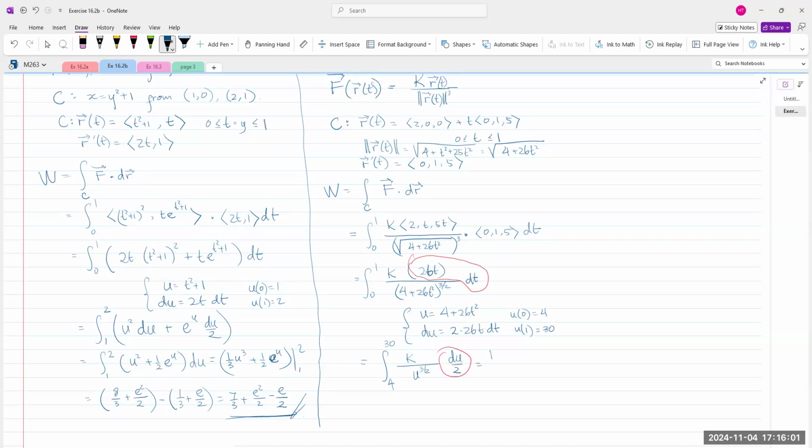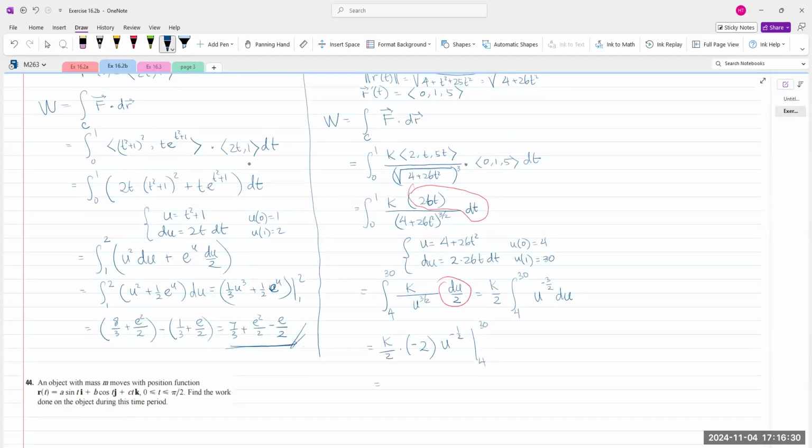So this is k over 2 integral from 4 to 30 of u to the power of negative 3 half du. That's k over 2 times negative 2, u to the power of negative 1 half from 4 to 30.